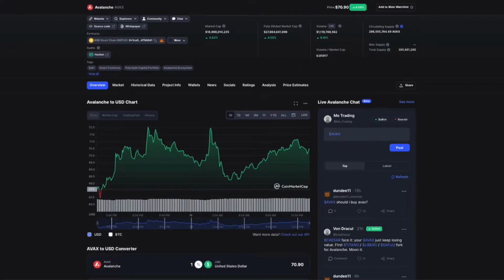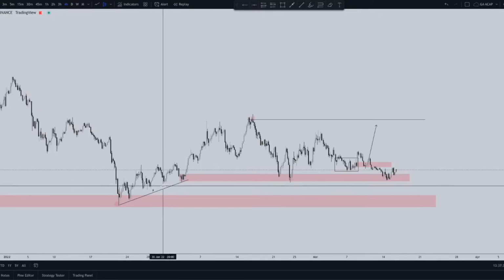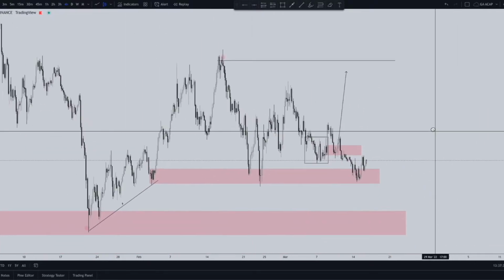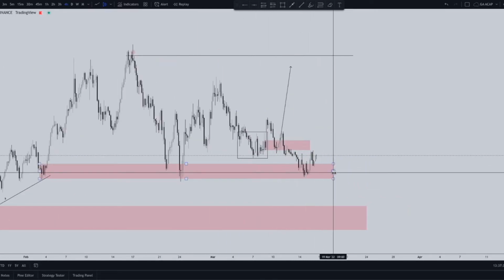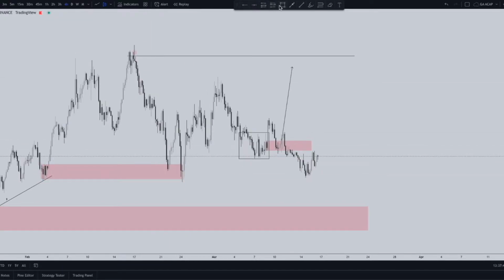So if you go over to TradingView to have a bit more in-depth analysis on Avalanche, you can see here that price is trading within these demand zones. Let me just refine this actually. Yeah, that one looks better.